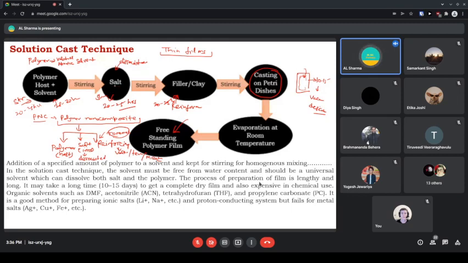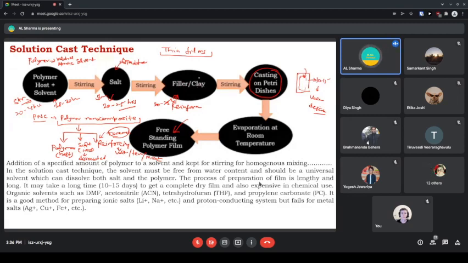If the interactions are proper, then the solution again becomes transparent, meaning complete mixing is done. Then you go for the third addition of ternary compounds, or you can say ternary filler or clays, which are the reinforcing materials.